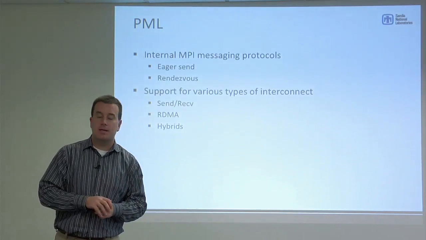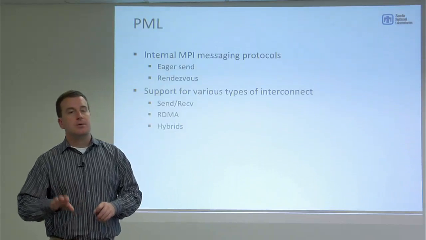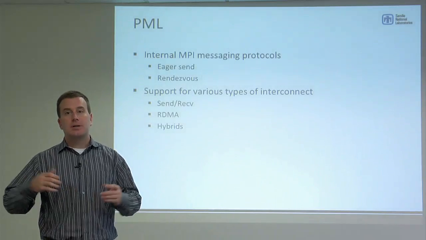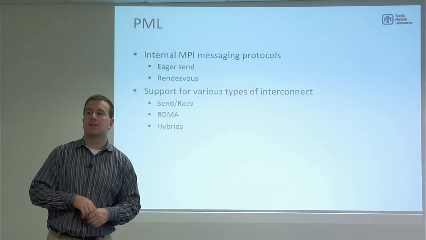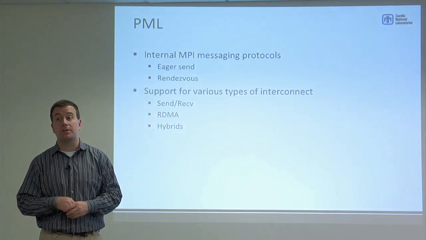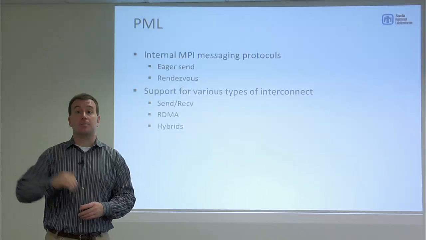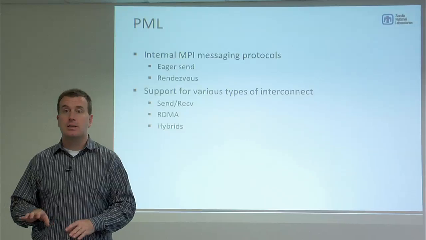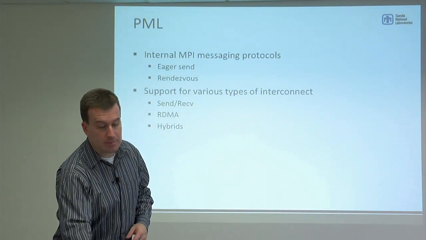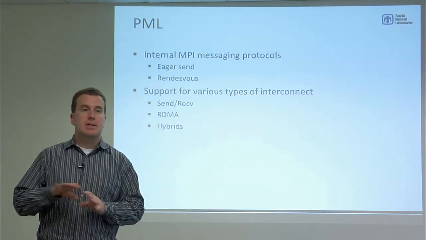And we'll talk about exactly how all that happens in a second. But that's the eager protocol. And we call it the eager protocol because I'm sending the data before I know that the other side's ready to receive it from an MPI standpoint. Now, the BTLs have to be ready to receive it as necessary from their standpoint, and we'll talk about what that means. But that's the eager protocol.